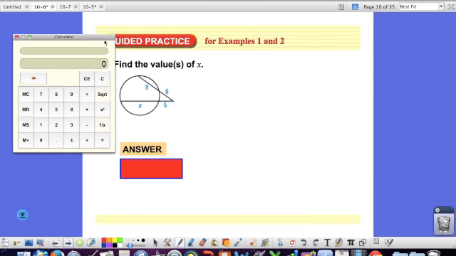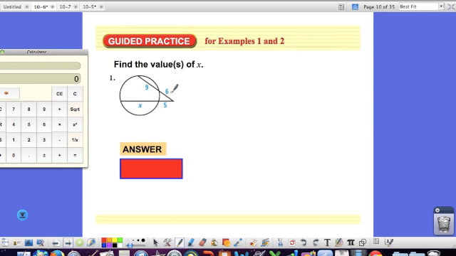Now let's try that problem in a guided practice. So the external segment is 6. I'm going to multiply 6 by the whole segment. 6 plus 9 is 15. The external segment here is 5. I'm going to multiply this by the entire length of the secant segment, which is x plus 5.